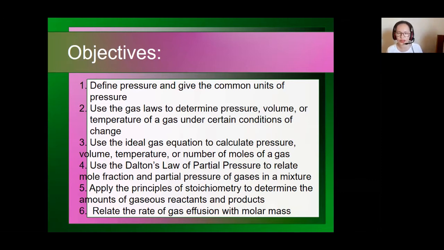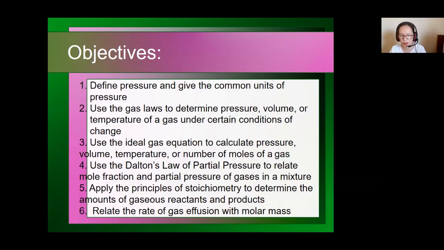For this session, we are going to learn about pressure and its units. We are going to talk about gas laws to determine pressure, volume, or temperature of a gas under certain conditions of change. We are going to use the ideal gas equation to calculate pressure, volume, temperature, or number of moles of a gas.